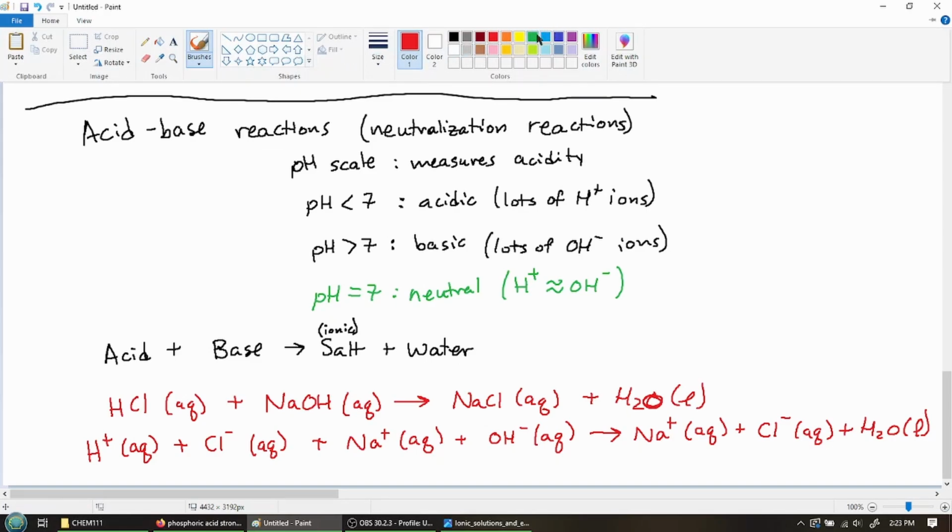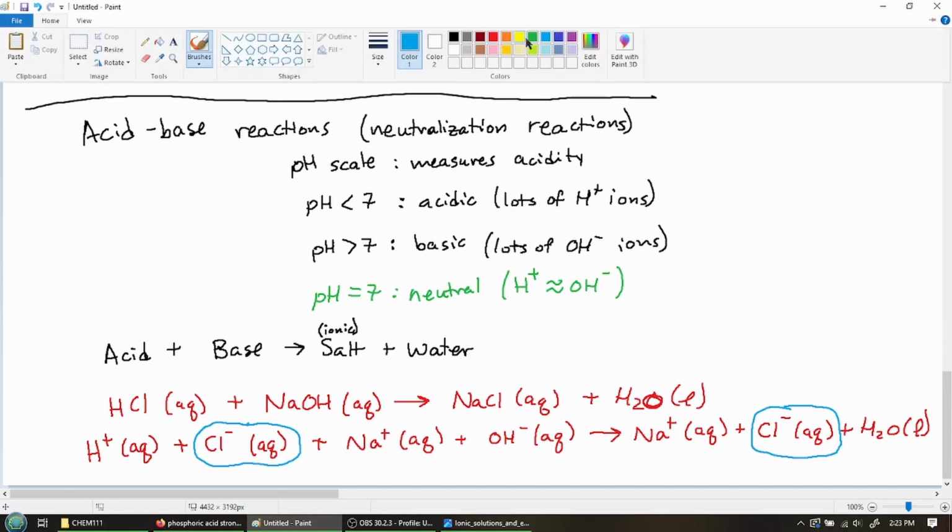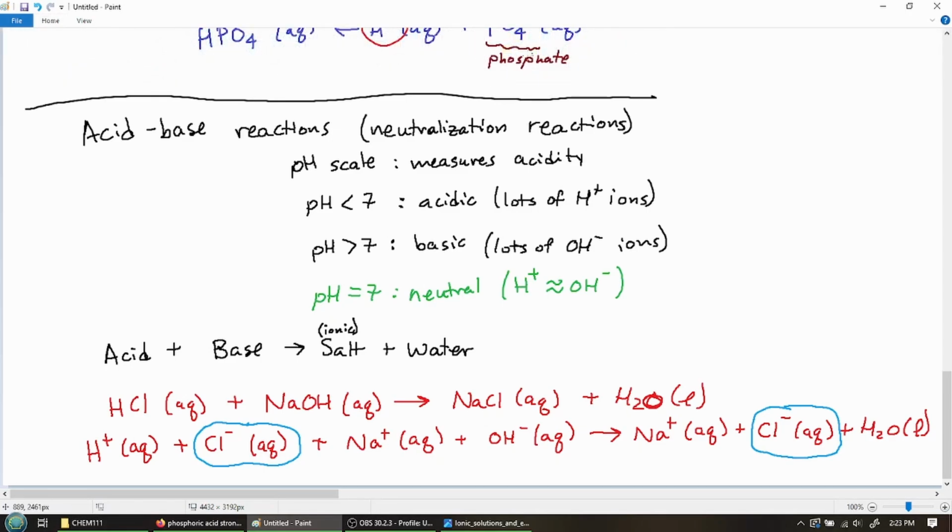Every other species here is in aqueous form, and hopefully we can see that some of these species appear in exactly the same format on either side of the equation. So for instance, the chlorides here, it's pretty much, from what I can tell, like nothing changed about that. Those chlorides were there at the start, and they're here now, but they didn't really change format.